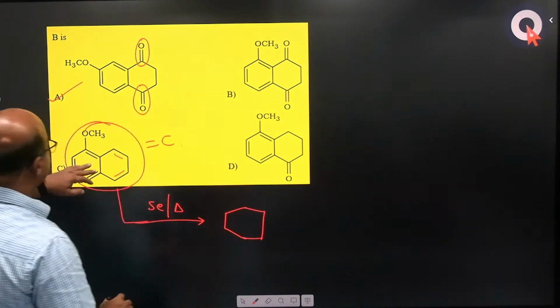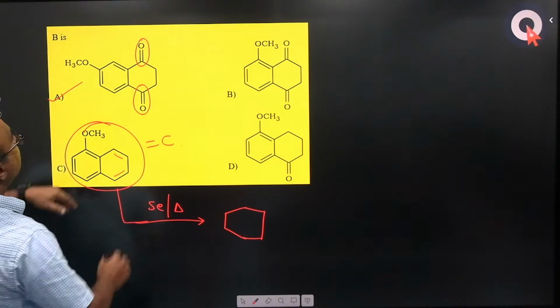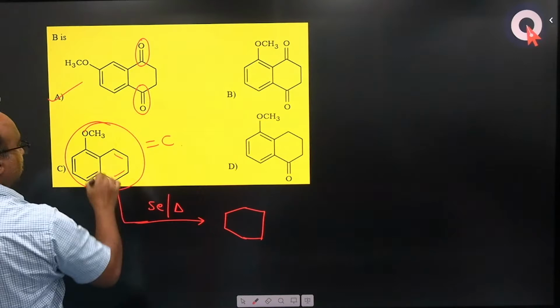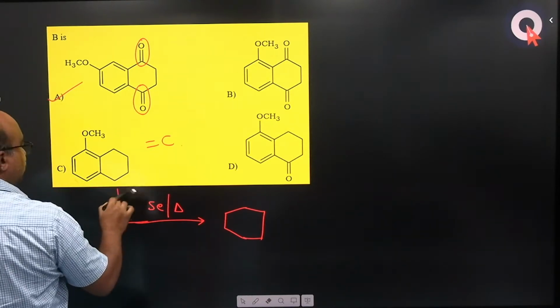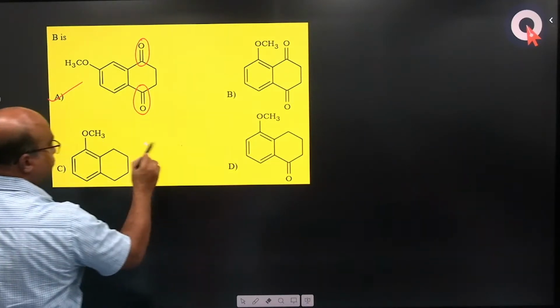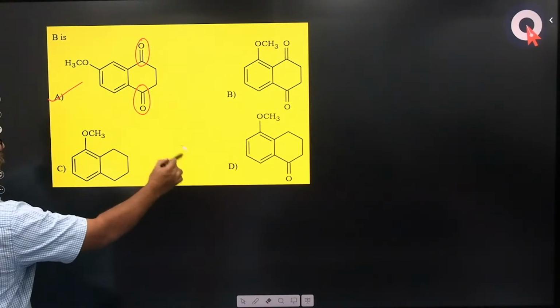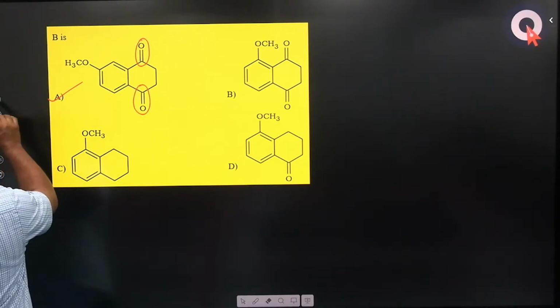Not this one. So this one was not the case because the OCH3 position changes. So this is anyhow not a C also, sorry. This is not a C also for us because the OCH3 position is different. So you are seeing actually your C compound is like this. So I write in the next page, let us see.